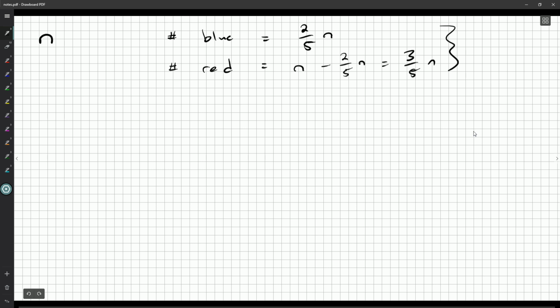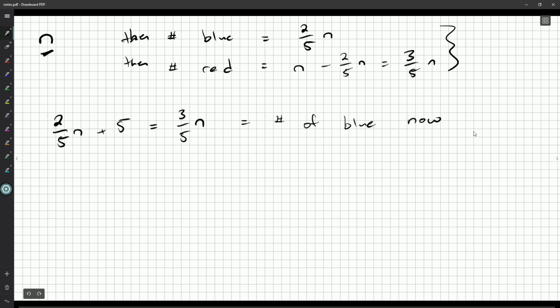Now, if we add 5 blues, and subtract 5 reds, the total number doesn't change, but now the number of blues, which we're working out here, is the number of blues now.